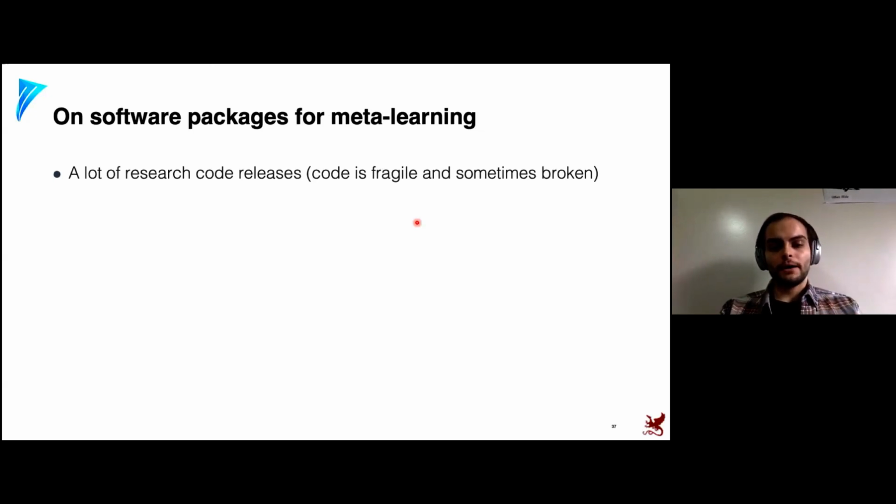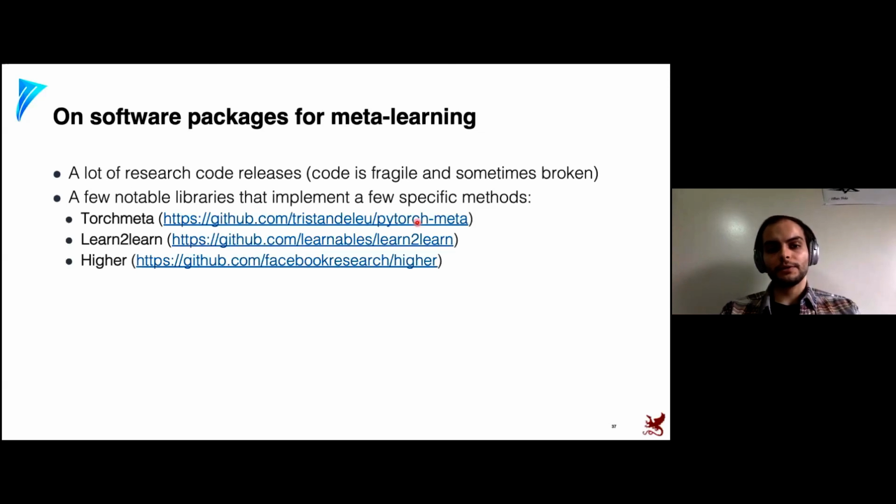So the community has started coming up with some libraries and reference implementations for some of these methods. Those 3 are probably my favorite ones. So actually the first 2 are PyTorch libraries that basically implement MAML and MAML-like methods, as well as prototypical networks, and a bunch of few-shot classification problems.